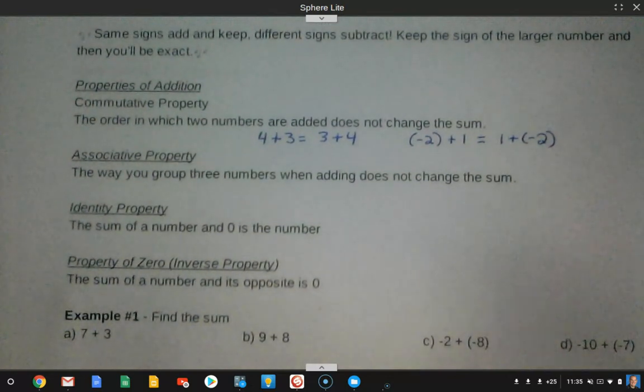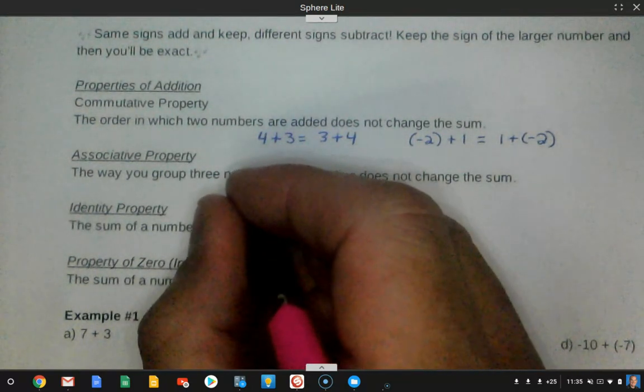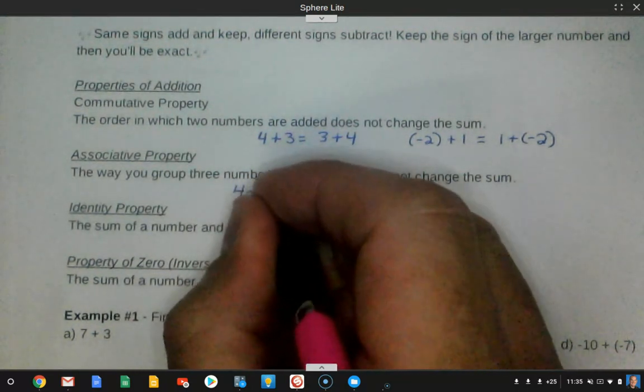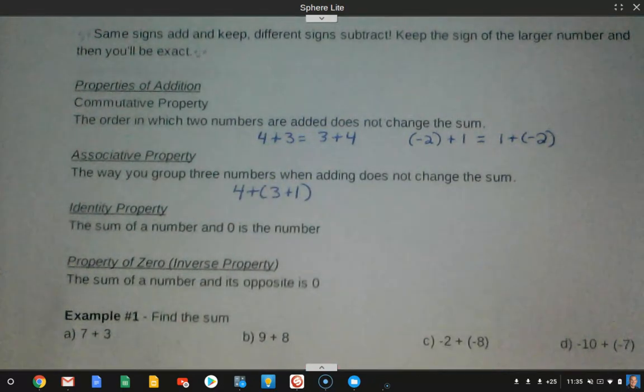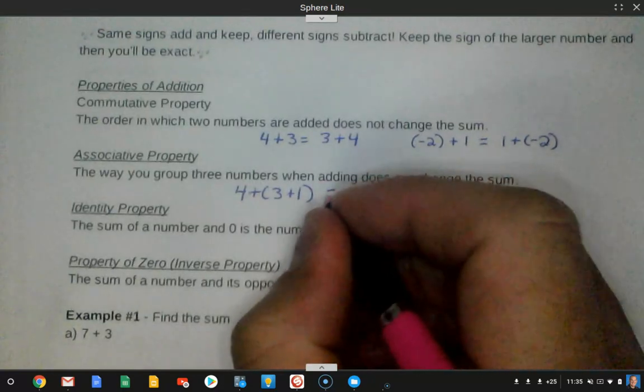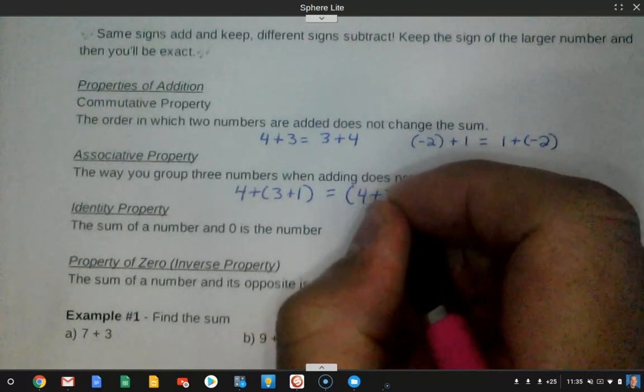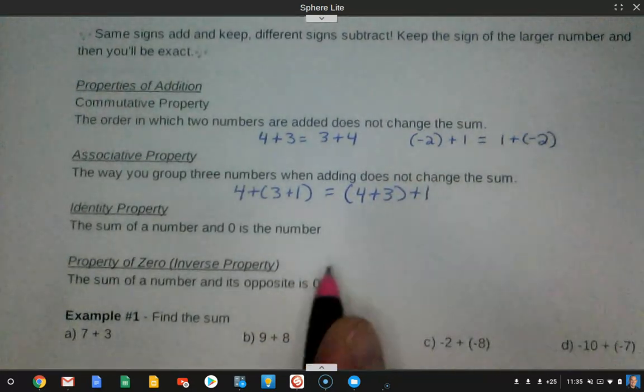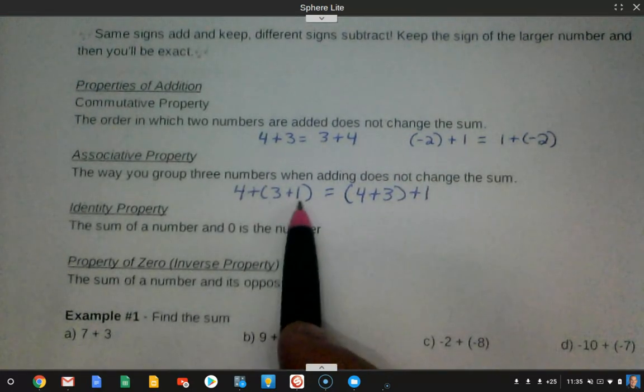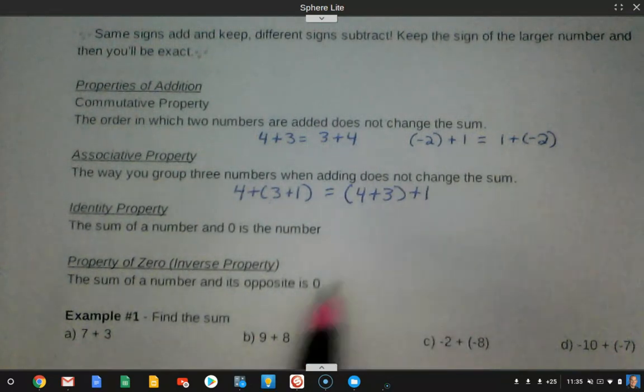The associative property says that when we have three numbers, the way we group them when we add does not change the sum. For example, 4 plus 3 plus 1 is the same thing as 4 plus 3 plus 1 with the grouping symbols moved: notice my grouping symbols were around 3 plus 1 first, and then they went around the 4 and the 3.